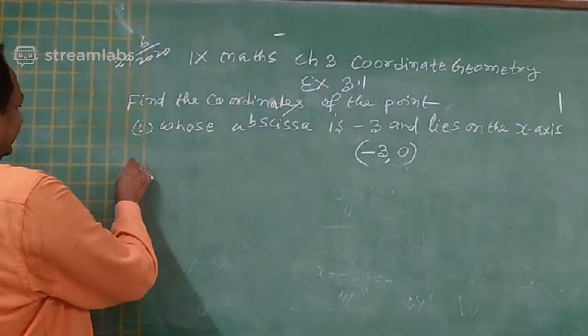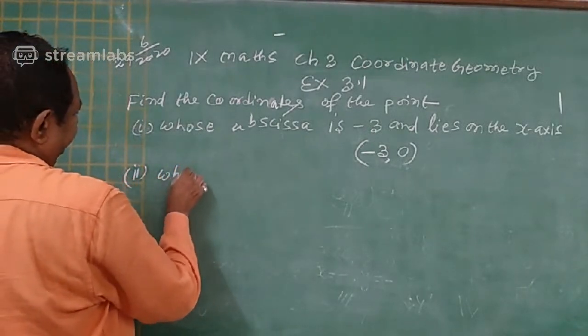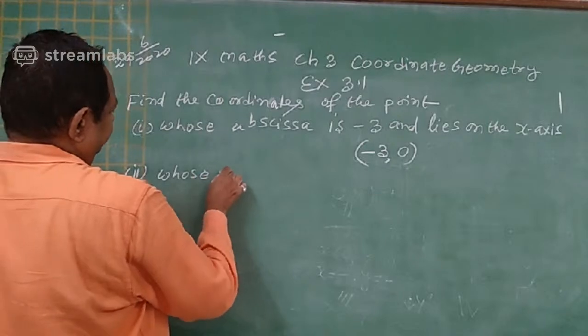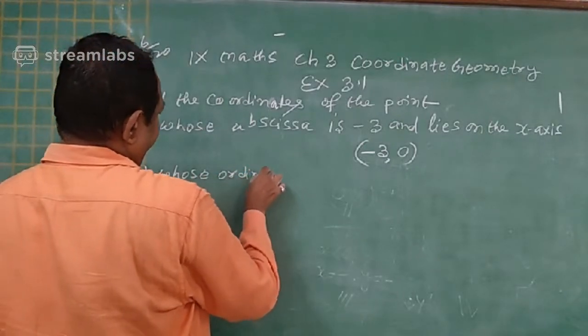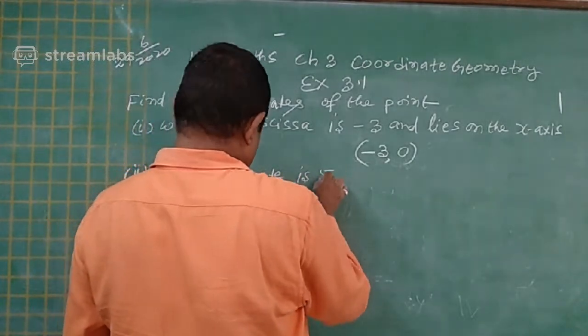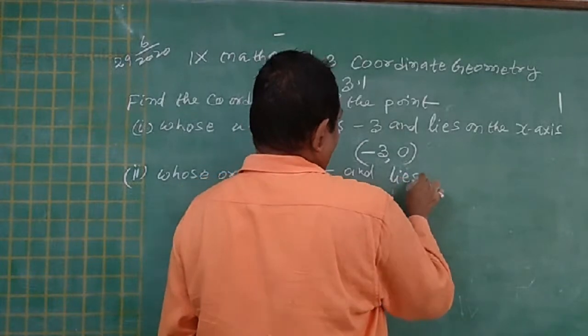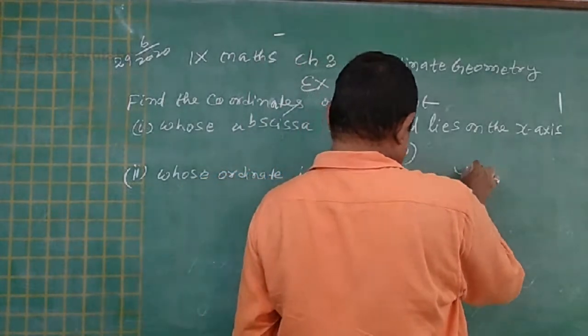Point number 2, whose ordinate is 5 and lies on y-axis.